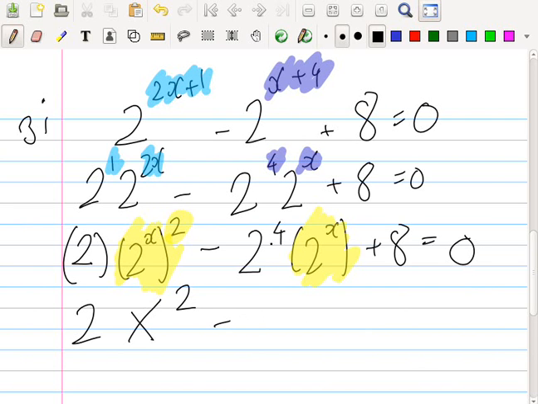So what's 2 to the 4? 16 with a something plus 8 equals 0. So in other words, I can think of this as a quadratic. A is 2, B is minus 16, and C is 8.